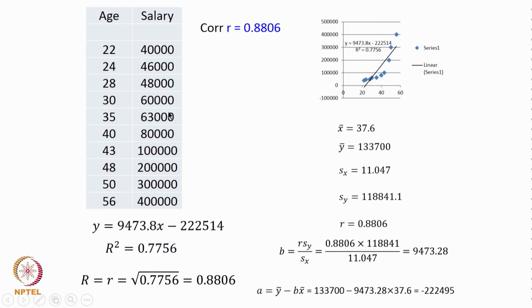If we actually fit that using a software, we would get 9473.8. We got 9473.28 in our calculation, a small approximation. Minus 222514 was calculated as 222495. R square was 0.7756, correlation is 0.8806.